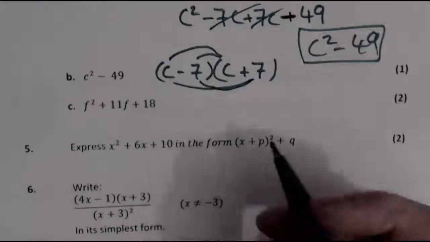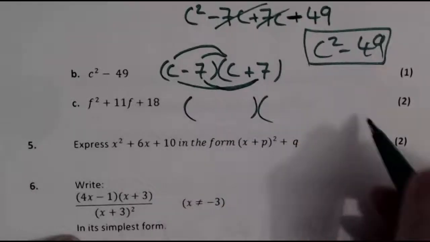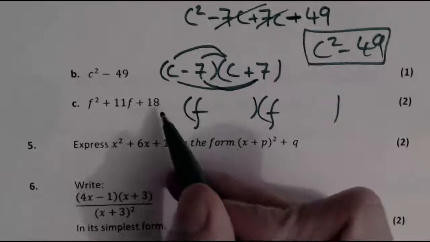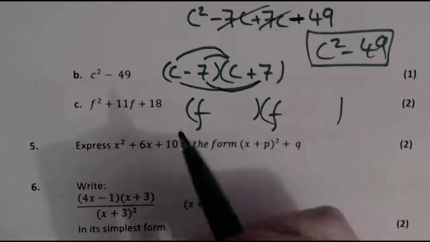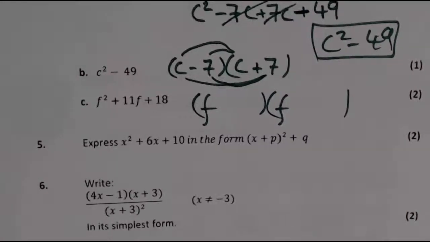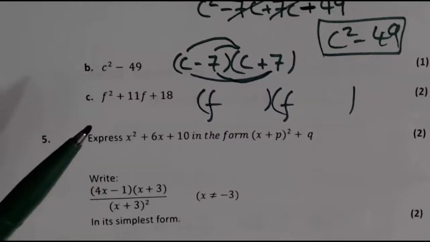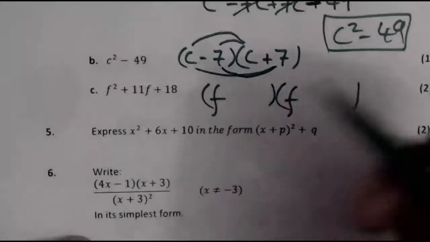Okay, then what we do is, with this one, we're looking at 2 sets of brackets, got an f here, got an f. We now need to think of 2 numbers that you multiply together gives you 18, but also that with these 2 numbers you can somehow work out 11. So think of maybe 2 numbers that give you 18 when you multiply them together, and if you add them or subtract one from another, it gives you 11.